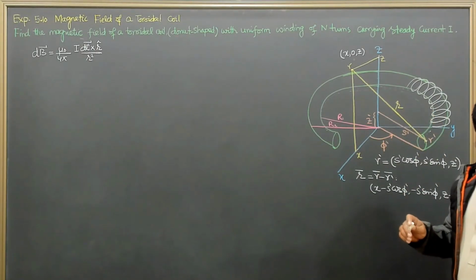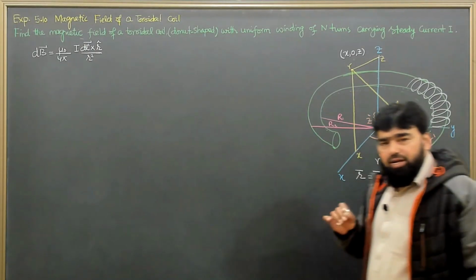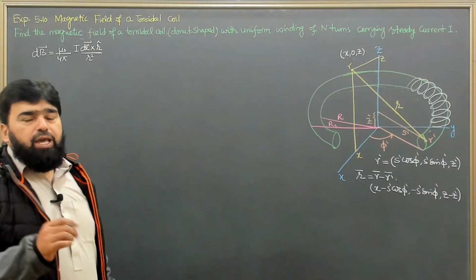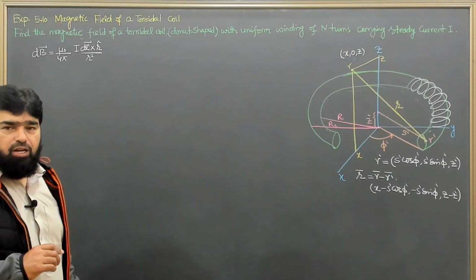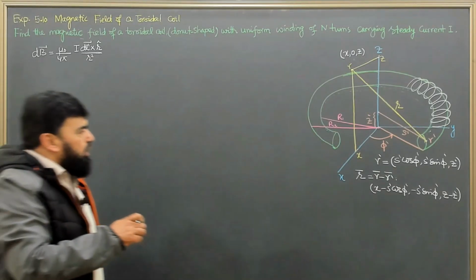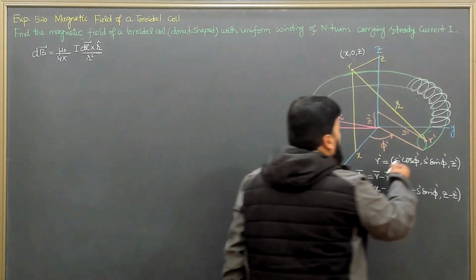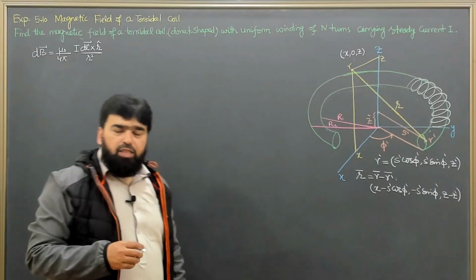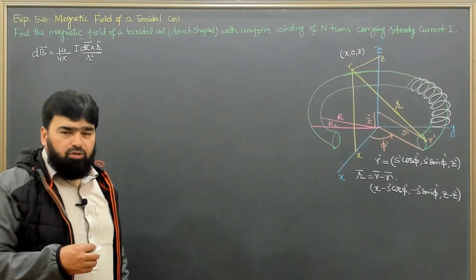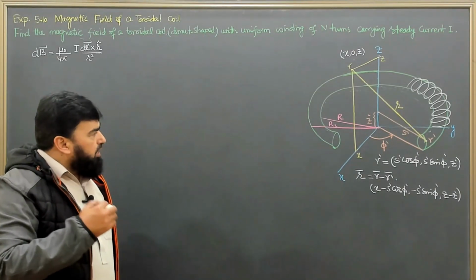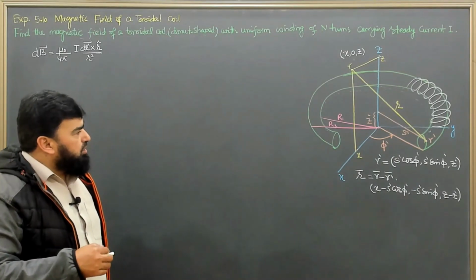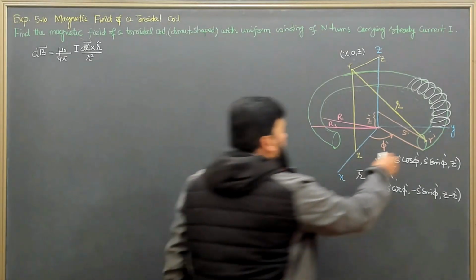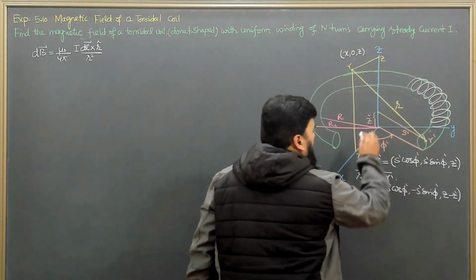Both the axial and the radial components, due to symmetry, cancel each other, and we are going to find that only the azimuthal component, only along the phi direction, contributes and adds up constructively, while the axial and radial components cancel each other because we have symmetrical points on both sides.